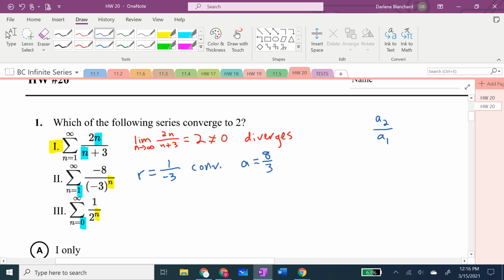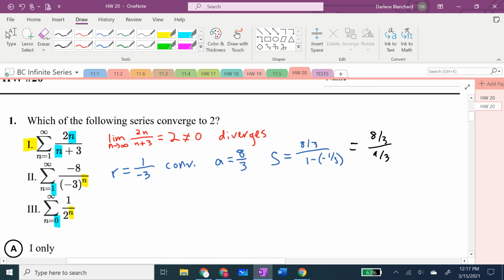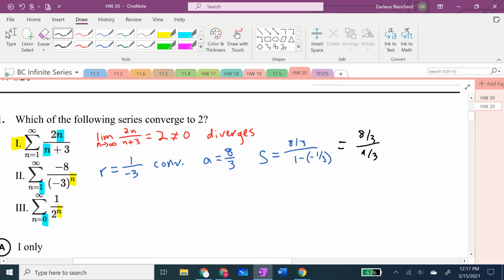Then I throw this into the geometric series formula of first term over 1 minus R. A little bit of arithmetic later, you can see that this is 2, 8 divided by 4. So this does work.